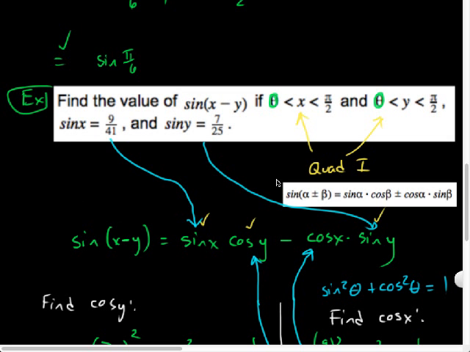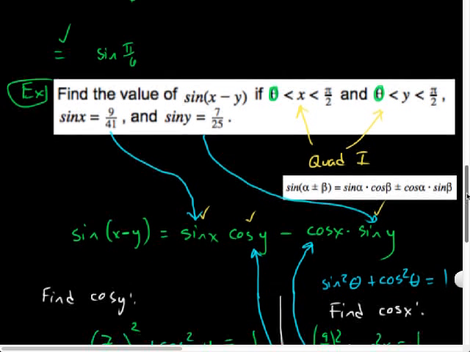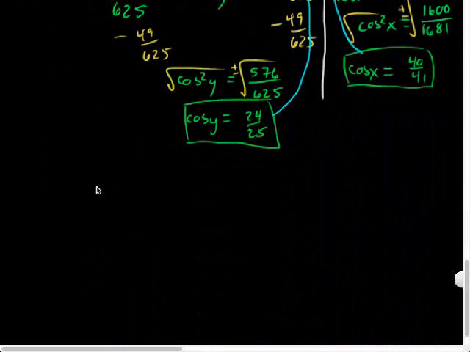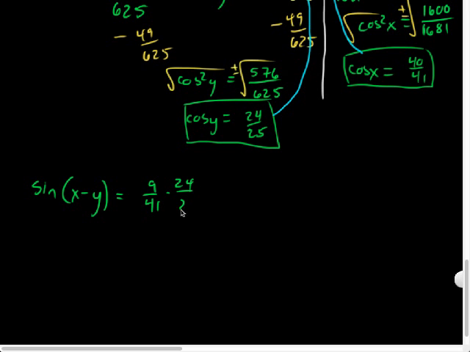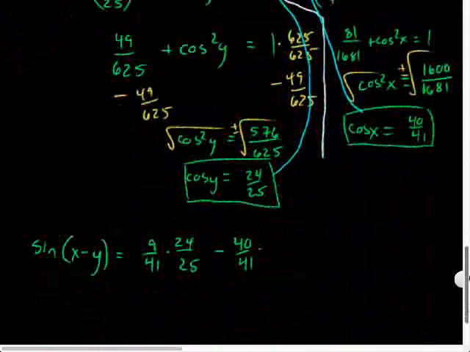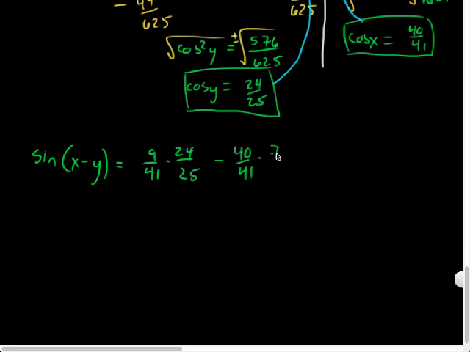So let's see if I can plug all these in and figure out what this is equal to. So 9/41 multiplied by, what was it, cos y? Yeah, 24/25, and it was minus, and then let's see, 40/41 multiplied by 7/25. At least these are going to have a common denominator.